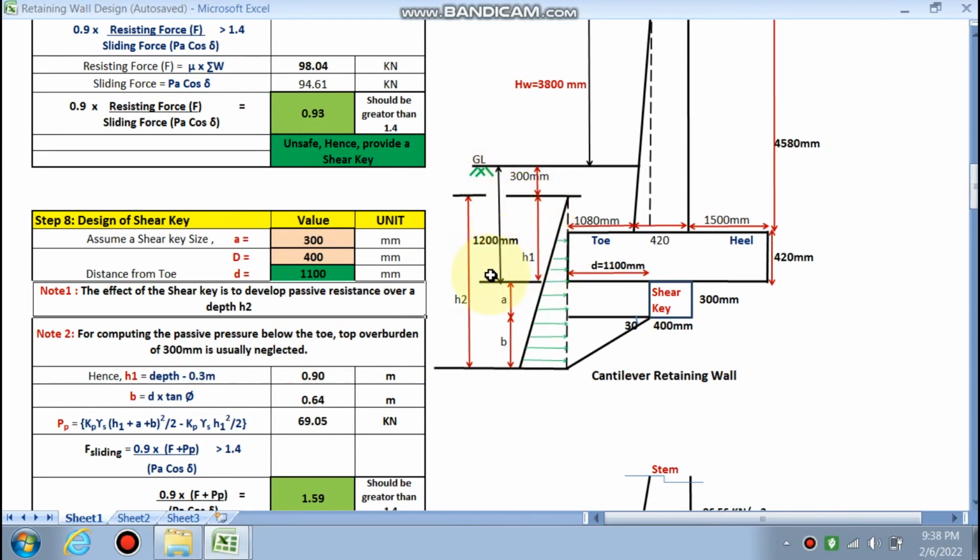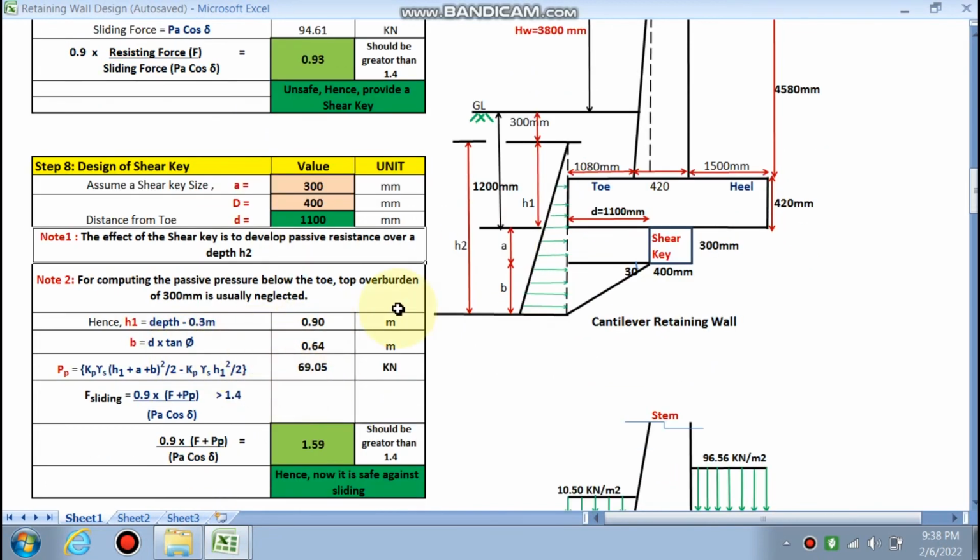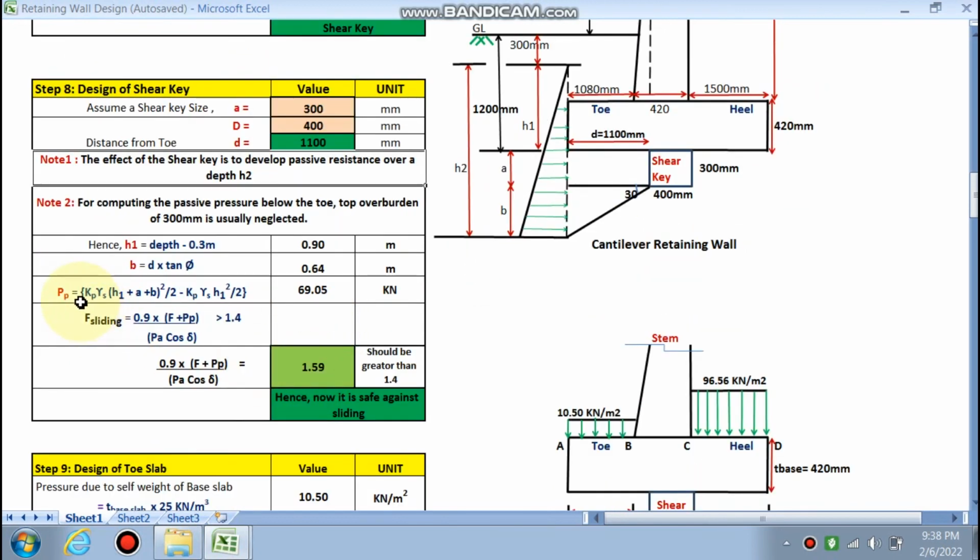This has already been calculated as 1200 mm, the depth of the footing, minus 300 mm, so it is 0.9. Then B, what is B? This distance is 1100 mm, tan delta, tan phi, this is 0.64.